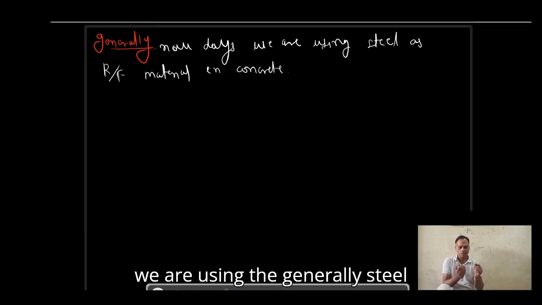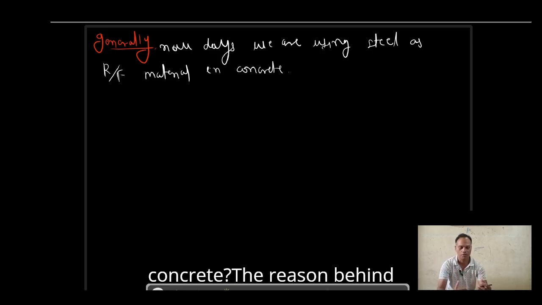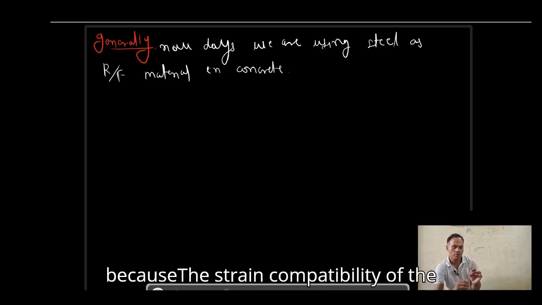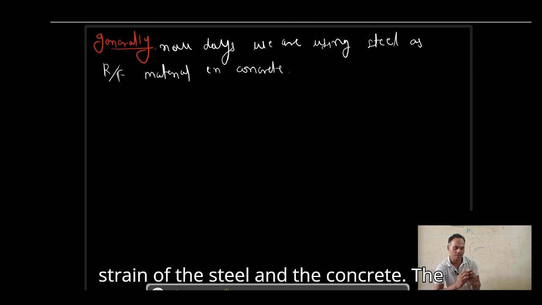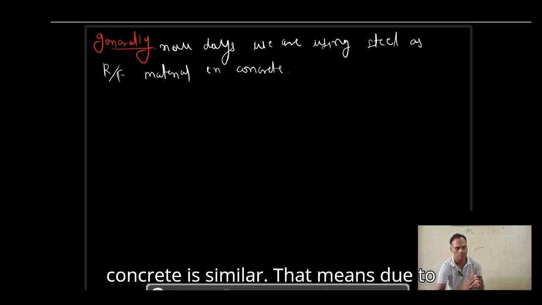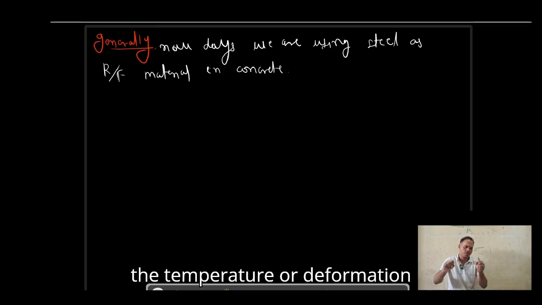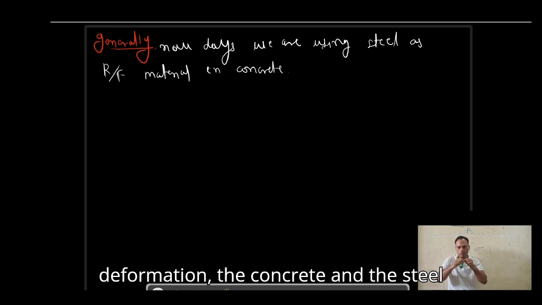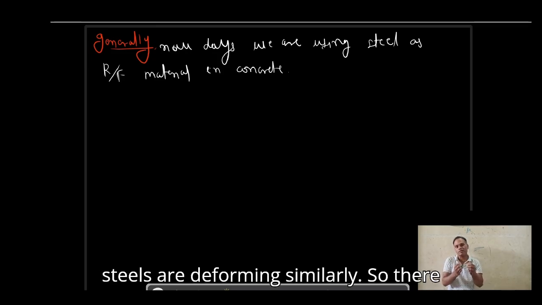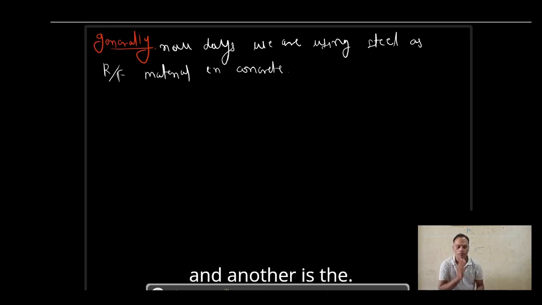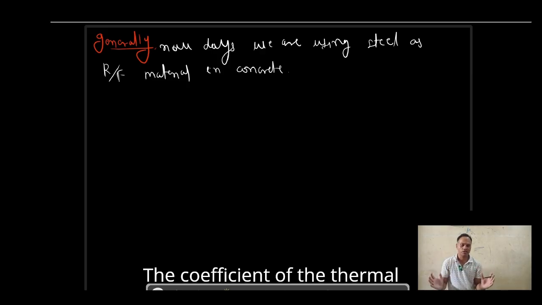Why are we generally using steel reinforcement or steel bars in the concrete? The reason behind it is the strain compatibility: the strain of the steel and the concrete is similar. That means due to temperature effect or any deformation, the concrete and the steel deform similarly, so no external strain is introduced. Another is the coefficient of thermal expansion.